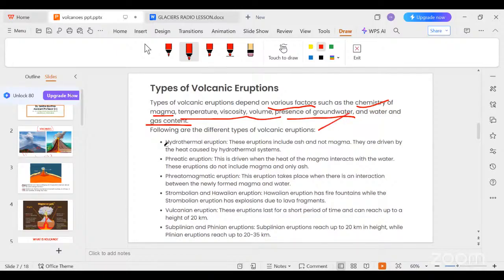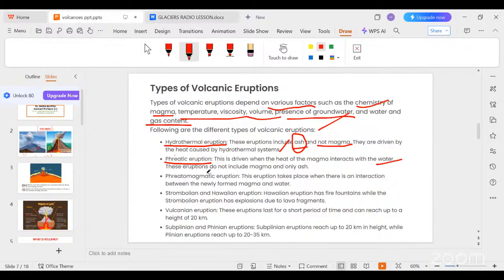The first one is hydrothermal eruption. These eruptions include ash and not magma. So only ash, remember. They are driven by the heat caused by hydrothermal systems. Next one is phreatic eruption, which is driven when the heat of magma interacts with water.